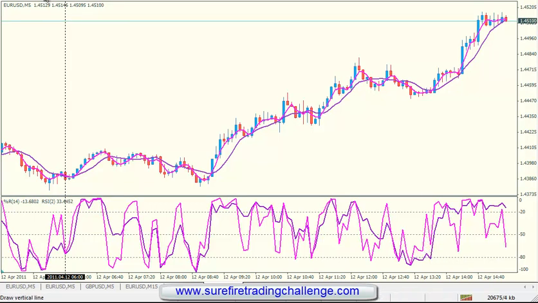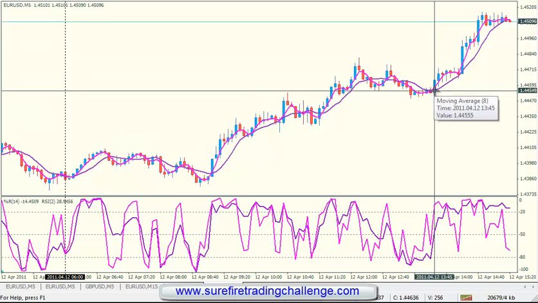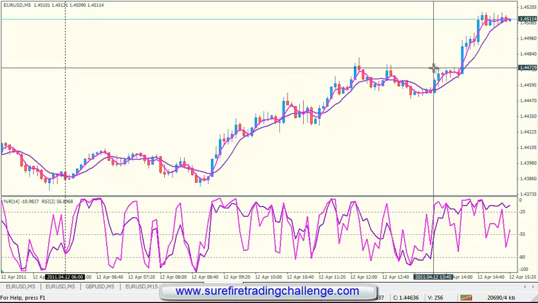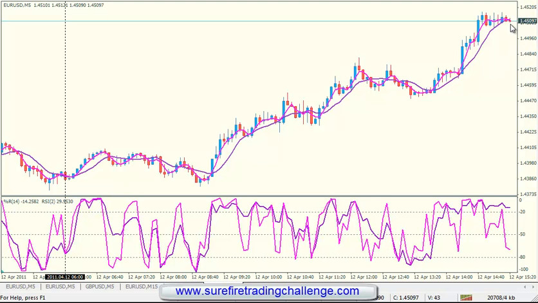But you can see that over here, when our 3 SMA crossed over the 8 SMA, they have become closer once again. And so you can enter this buy trade at the close of this candle, and then probably exit at the close of this current candle, because as you can see, the 3 SMA is beginning to cross under the 8 SMA.